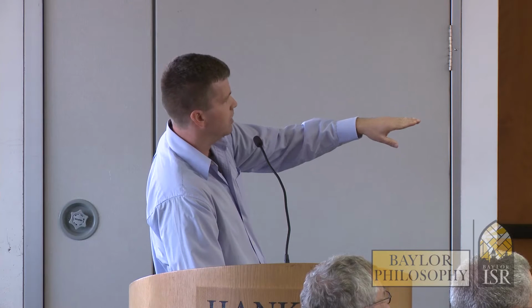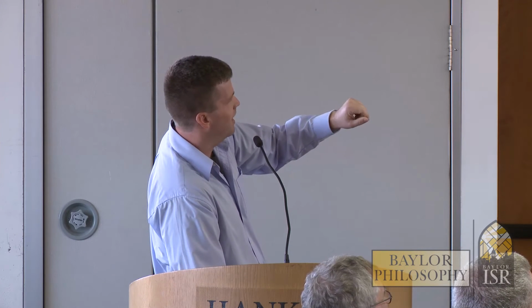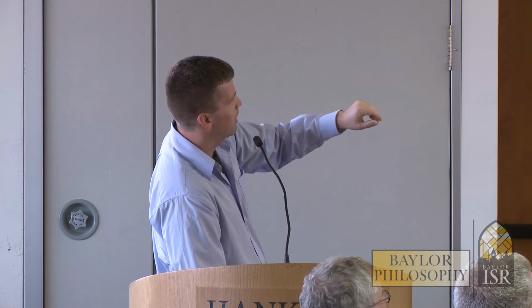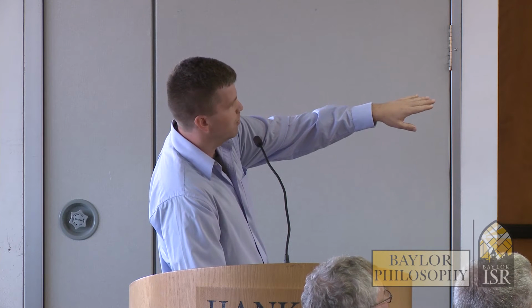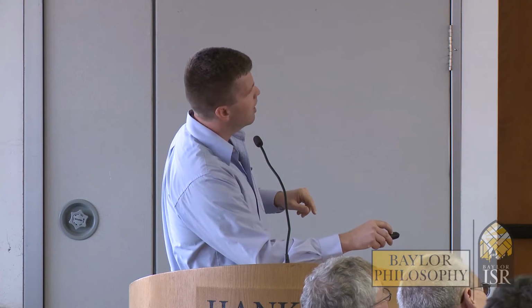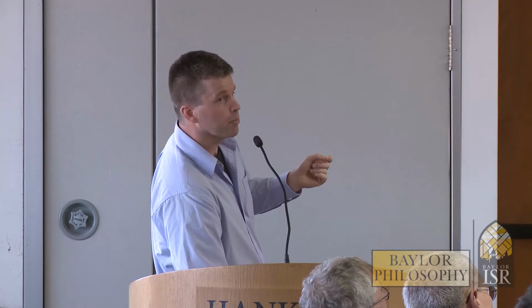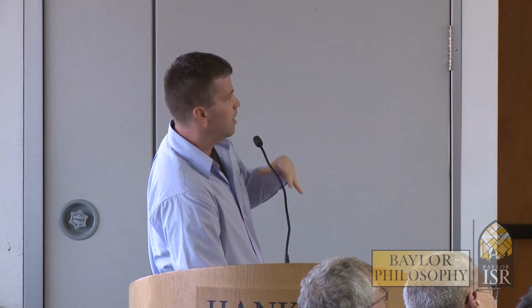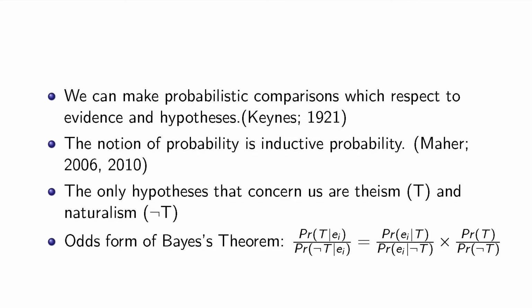primarily one factor, and so you see there the odds form of Bayes' theorem, and you have over here the ratio of the posterior probabilities. So this is as you take in evidence, suppose you learn a bit of evidence, and then you want to know how that evidence bears on your evaluation of theism compared to naturalism.